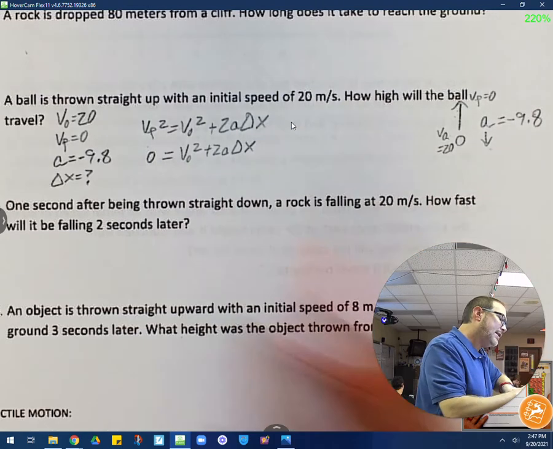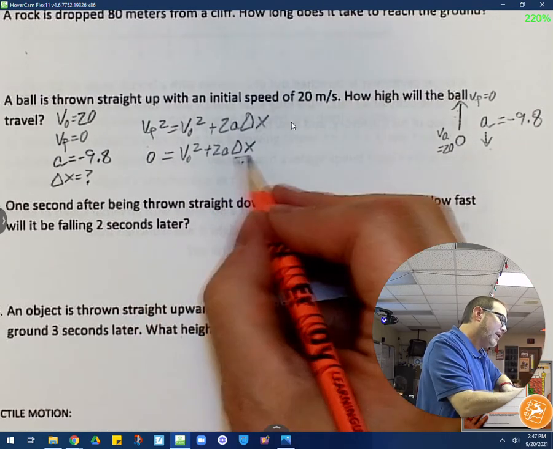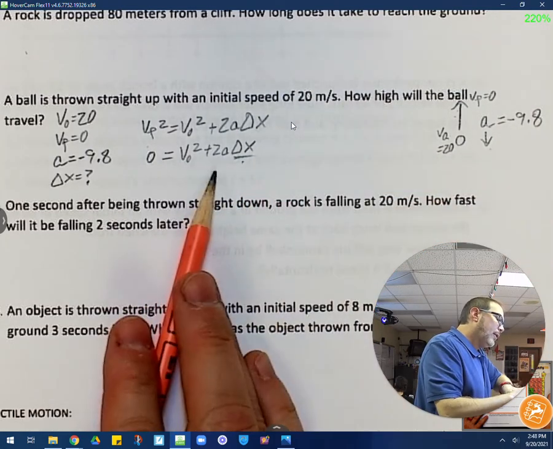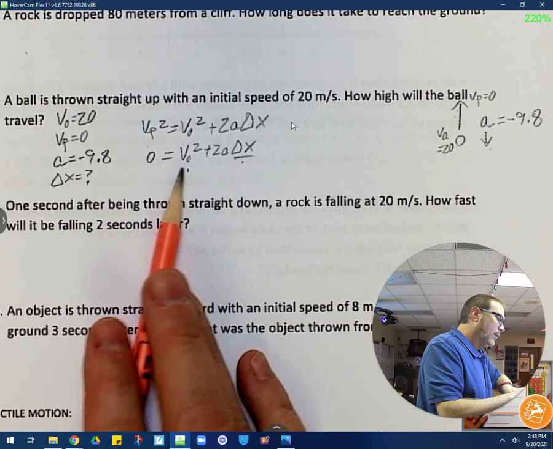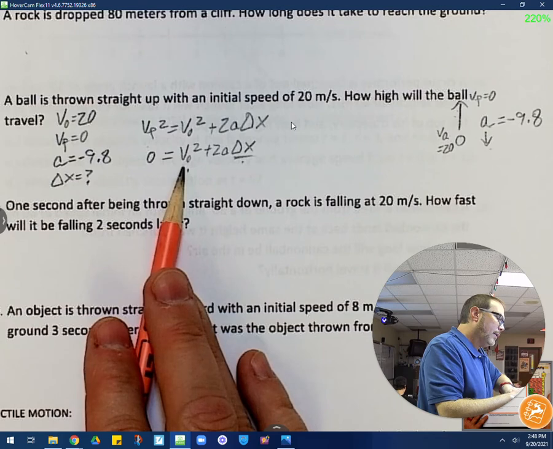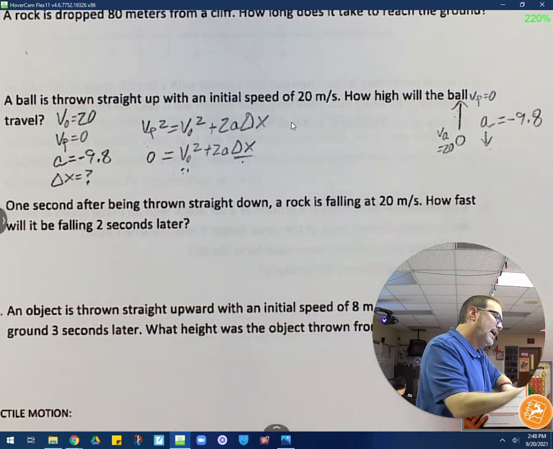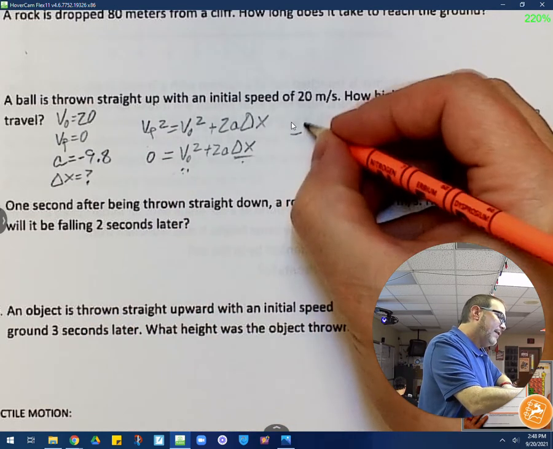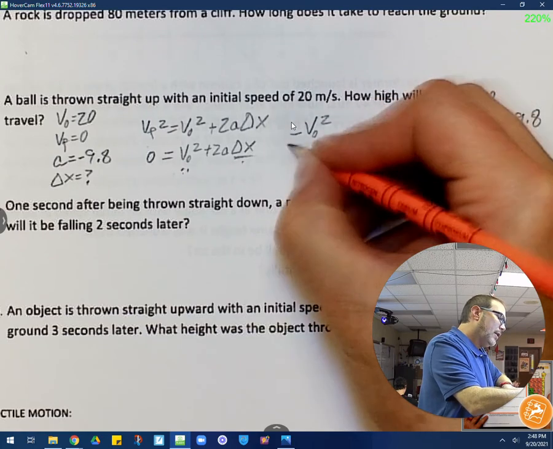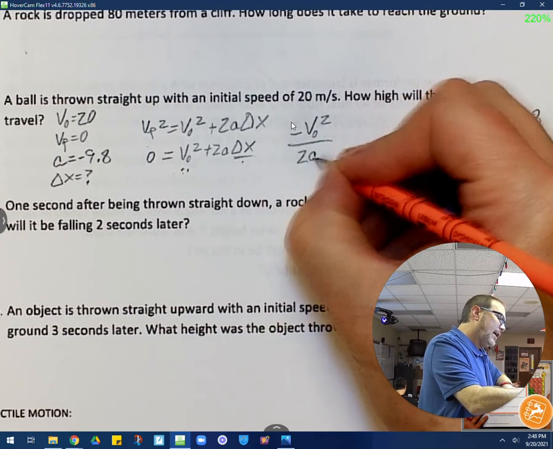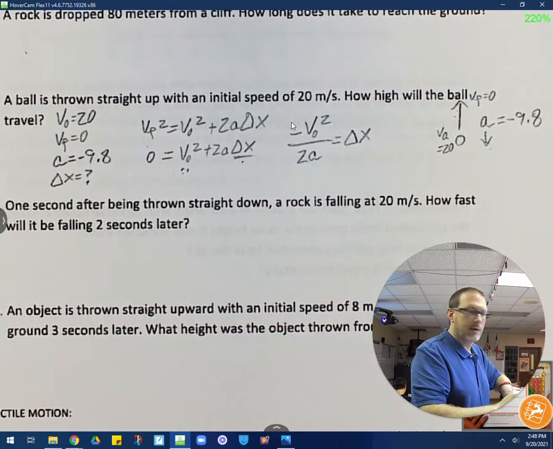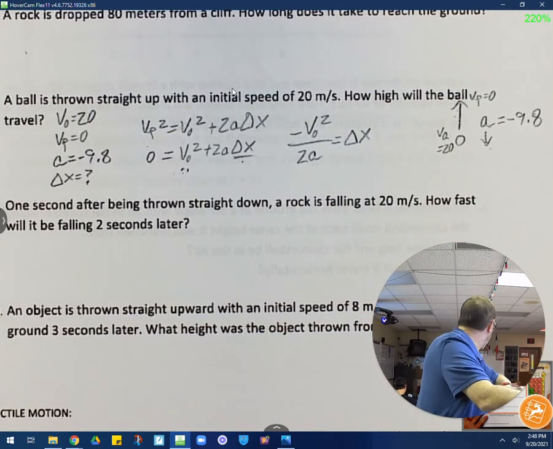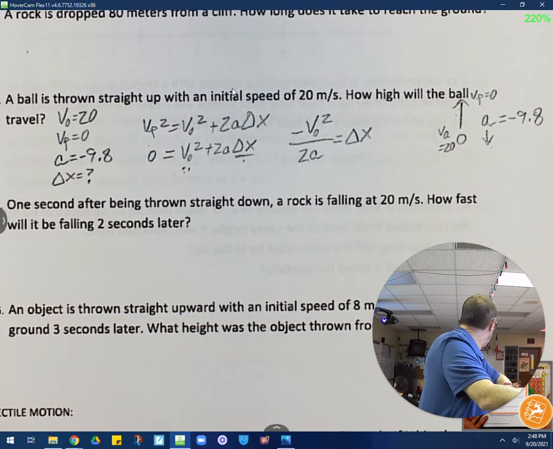And if we're trying to get delta x by itself, how can we do that? Okay. So we can say negative V0 squared over 2a is going to give us delta x. I made a little bit of a jump there with my algebra, but did I lose anybody?